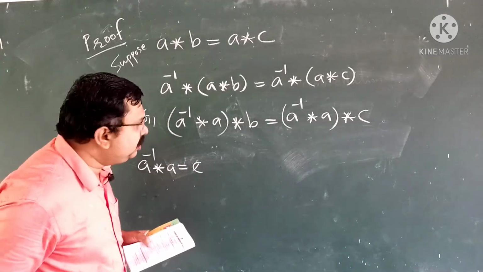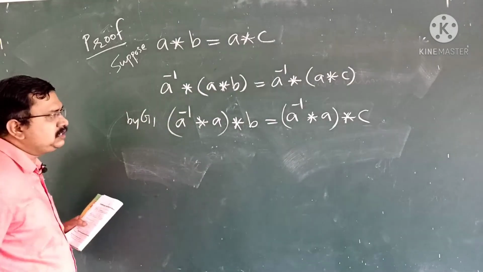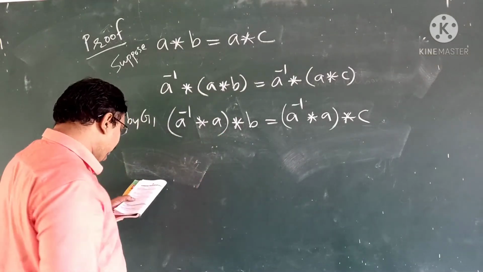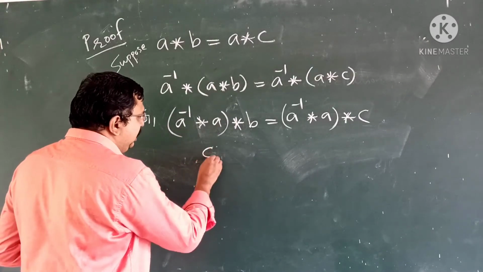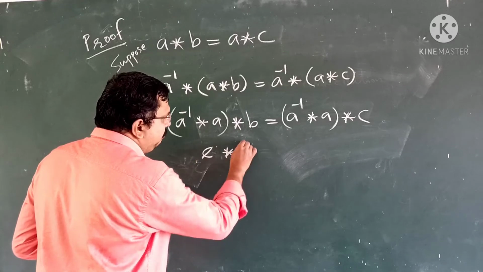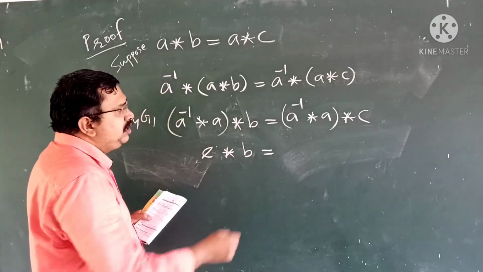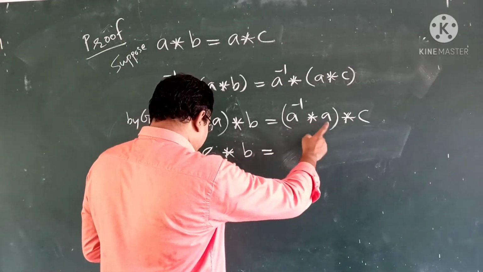Therefore, this equation can be written as A inverse star A, that is E, star B equal to A inverse A, what is A inverse A?